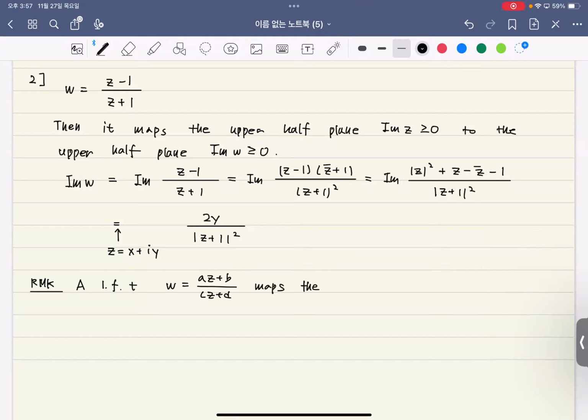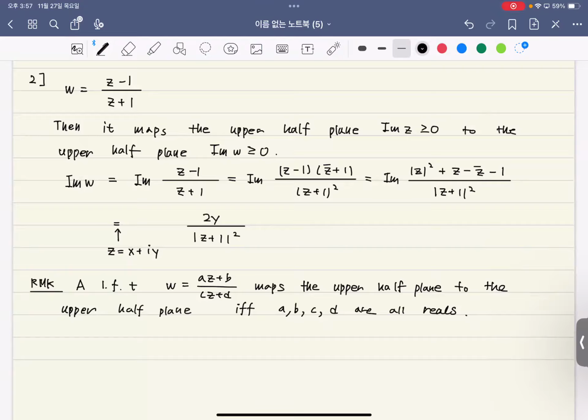It maps the upper half plane to the upper half plane if and only if these four coefficients, these four numbers, are all real numbers. I guess you can easily prove this using the same trick. If you consider the imaginary part of the complex number W, then you can easily verify this.